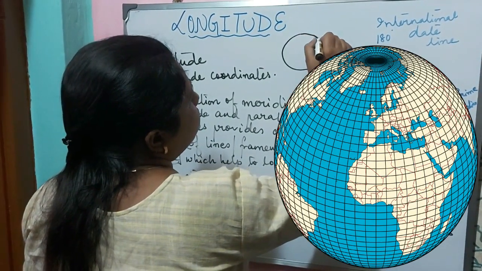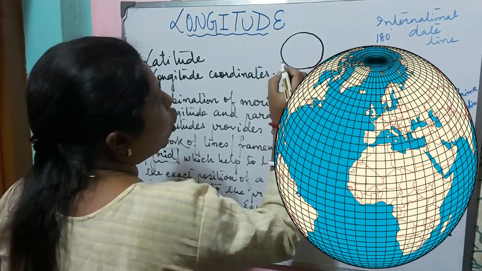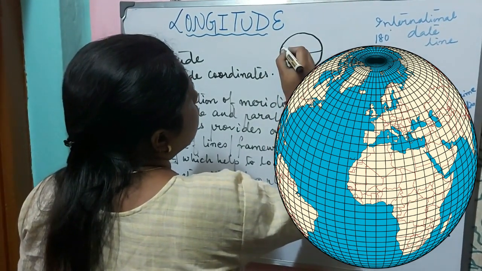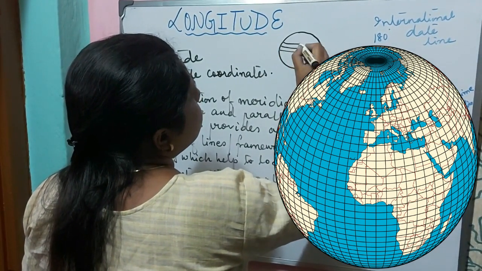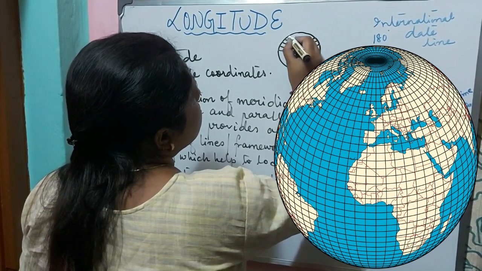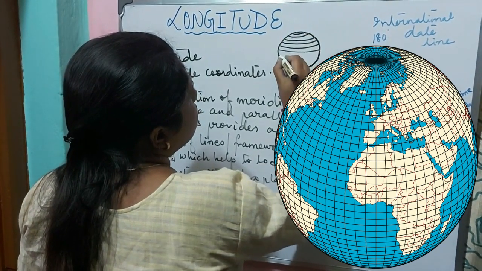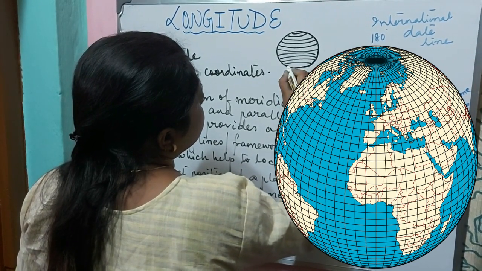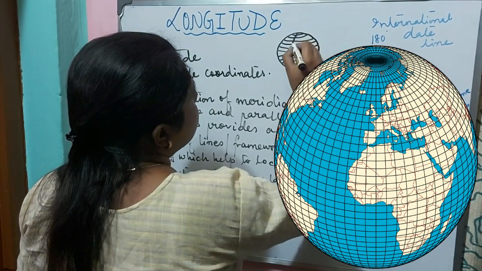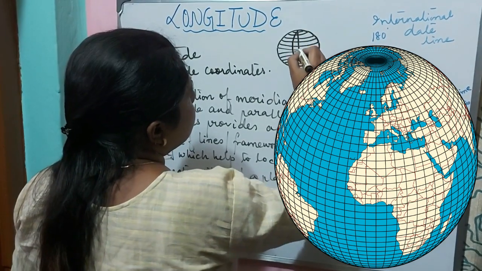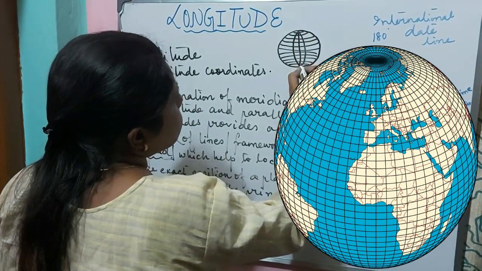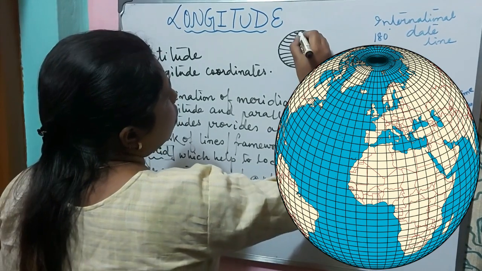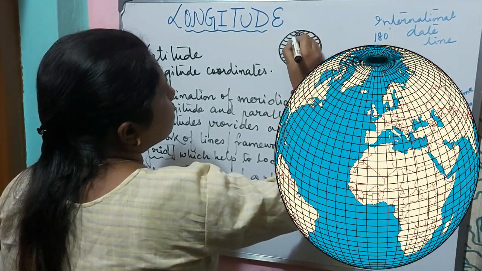Now look at this diagram. On the globe, these are the imaginary lines which are drawn. And these imaginary lines form a grid.